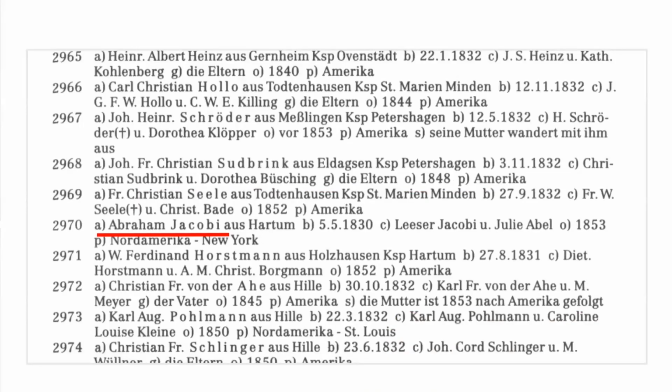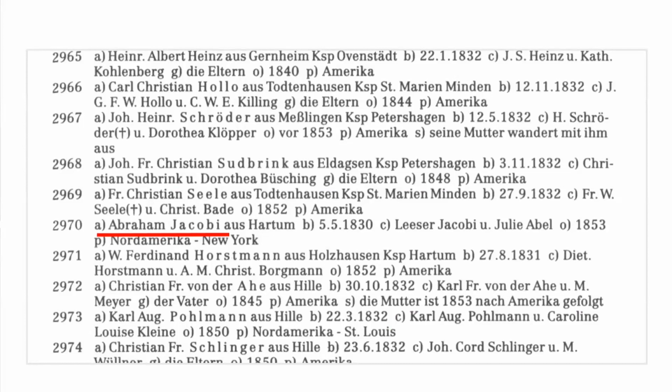In Volume 2, the index in the back of the book is an alphabetical list of those who left without permission. Abraham Jacobi was one of those. The index gave his name, the number assigned to him, and the page he was listed on in the book. Turning to the page, it shows that Abraham Jacobi was born in Hartum, Westphalen, on 5 May 1830.